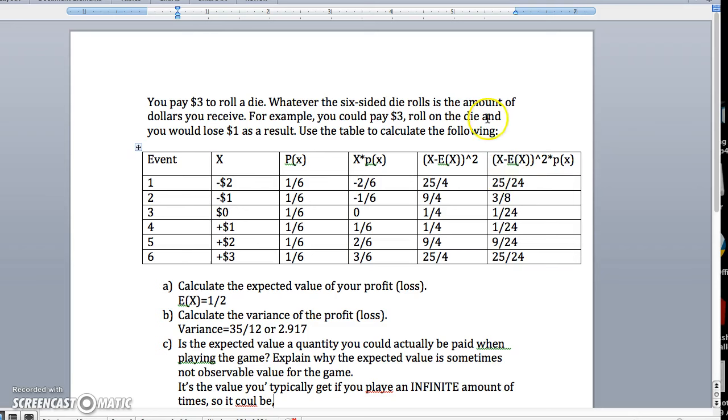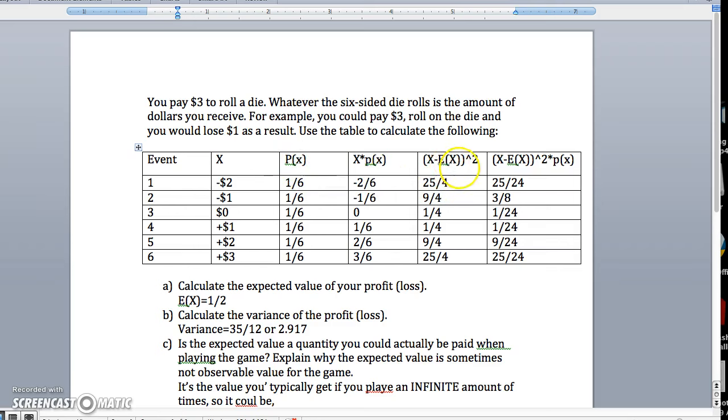So let's do a run through of what we did today. We filled out our table by evaluating and coming up with our x values. We came up with the probability of getting each event. Then we ended up multiplying our x times our p of x value.